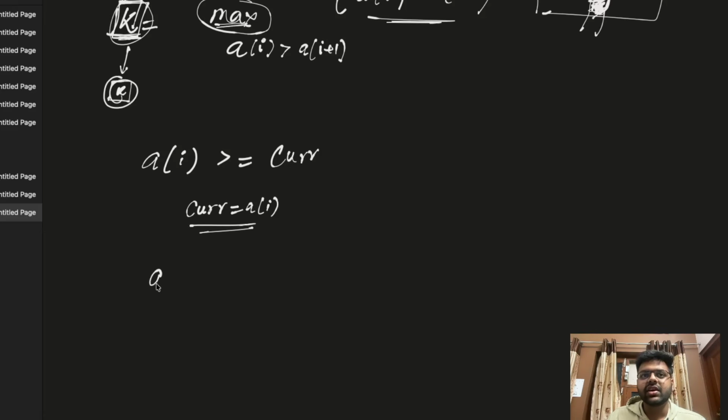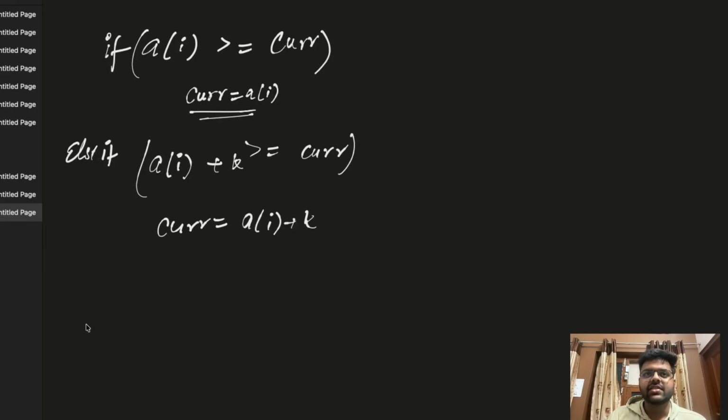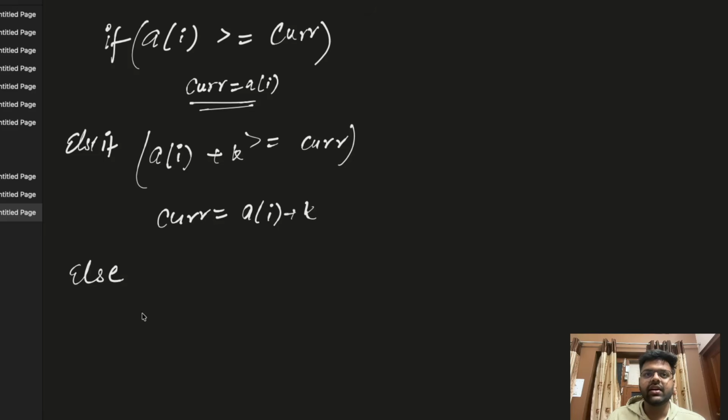Else if a of I plus k is greater than or equal to the current, then update your current to a of I plus k. Else the possible flag value would be false, and you can simply break from here.